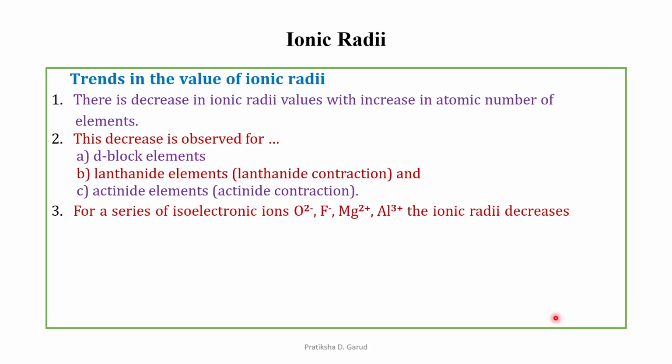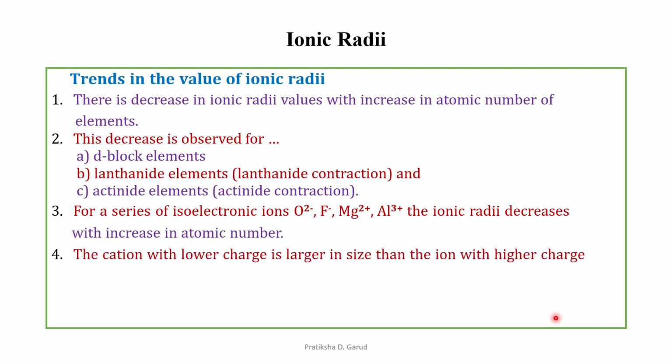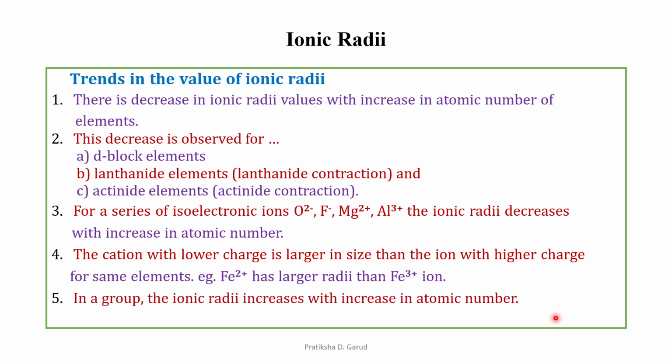Third, for a series of isoelectronic ions, that means ions having the same number of electrons, which are O2 minus, F minus, Mg2 plus, Al3 plus, the ionic radii value decreases with increase in the atomic number. The fourth one, the cation with the lower charge is larger in size than the ion with the higher charge for the same element. For example, Fe2 plus has a larger radius than Fe3 plus ion. And lastly, in a group, the ionic radii increases with increase in atomic number.